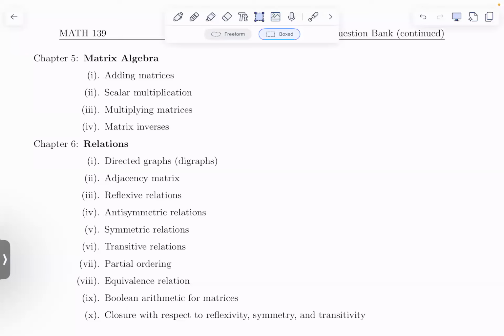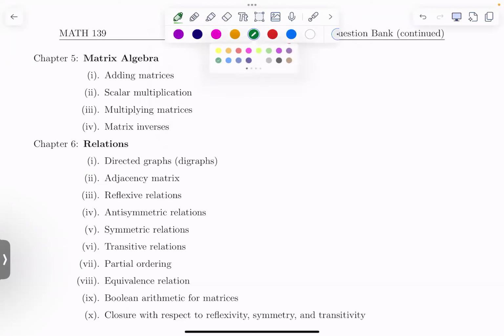We added matrices, that was nice. Well, first we technically had to introduce the order of matrices, which is m by n, the number of rows by the number of columns.